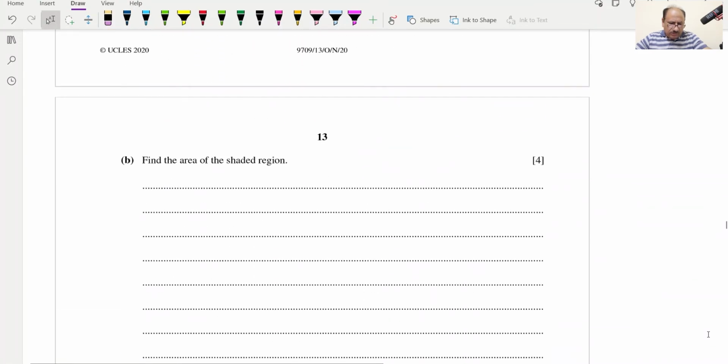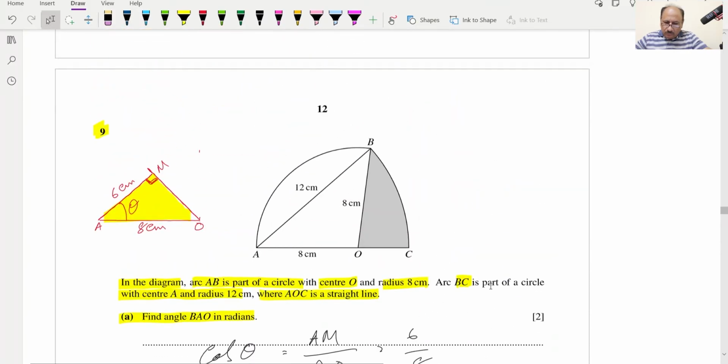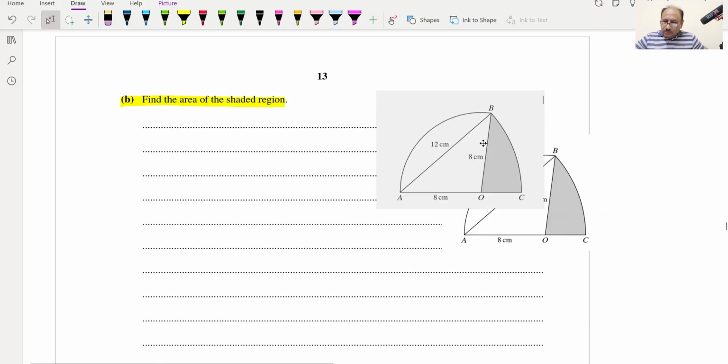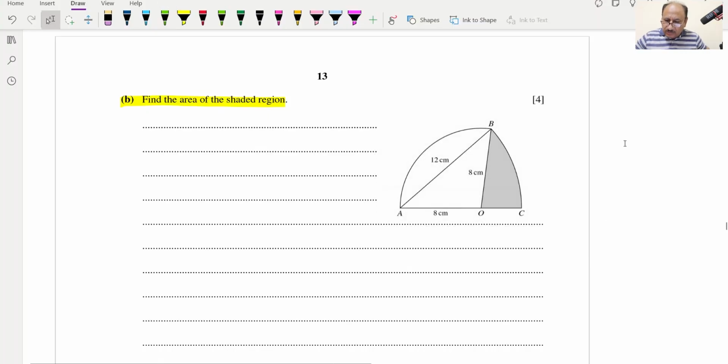Now in this one they are saying find the area of the shaded region. So the area of the shaded region is required. I will copy this drawing. This is a 4 mark question, and the area of this shaded part is required.